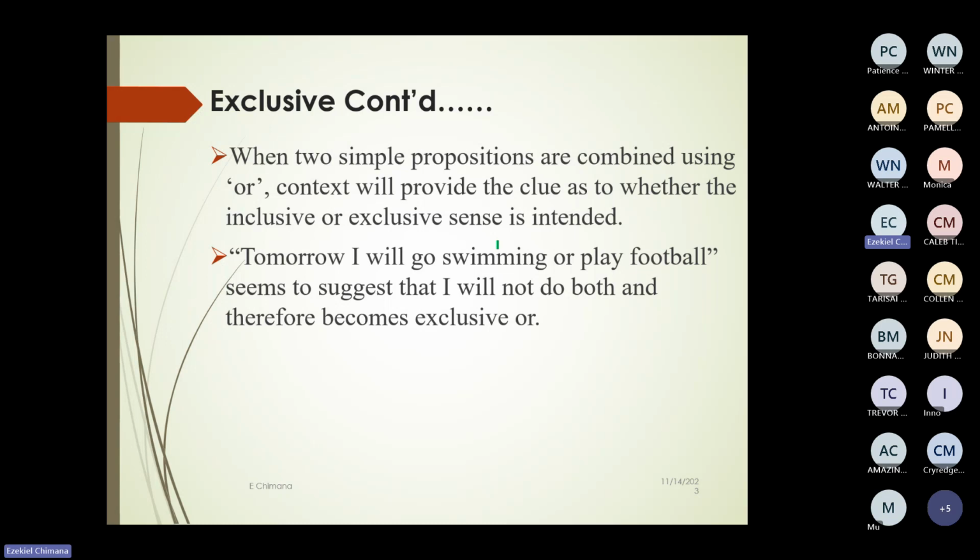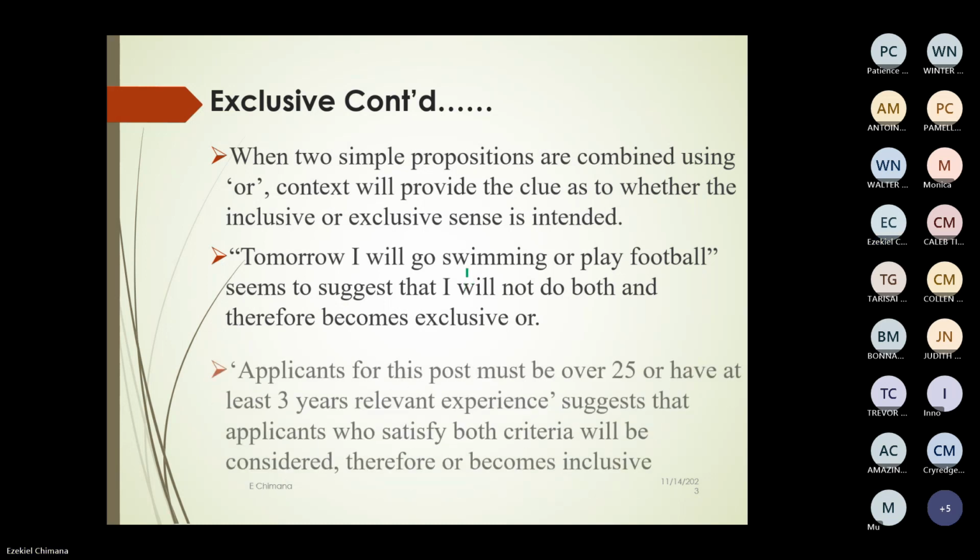There's no way you can swim at the same time as playing football. In other words, you are going to do one of these things at a time. So it now becomes an exclusive or.